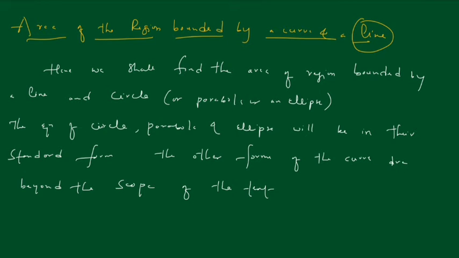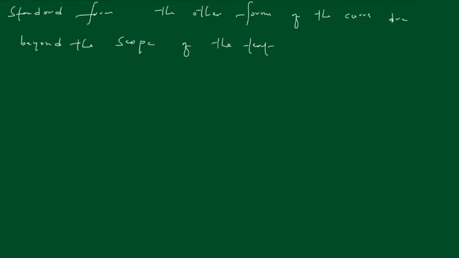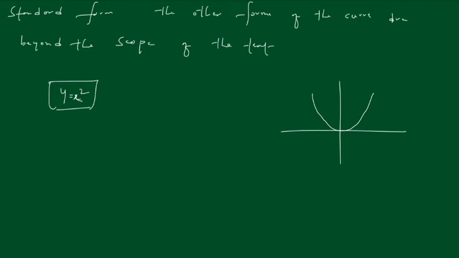The area of a region bounded by the curve. Suppose we have the curve y equals x square. How will the graph look? Let's see the graph for the curve y equals x square.